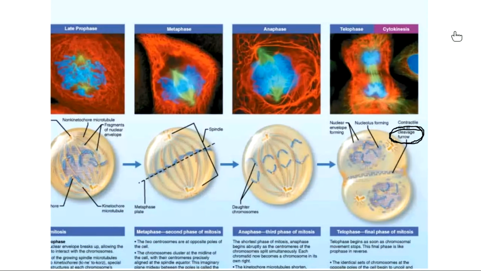Hannah's got a question. Go for it. Okay, so I just wanted to clarify real quick. So cytokinesis and telophase happen at the same time, and then cytokinesis is different from mitosis.